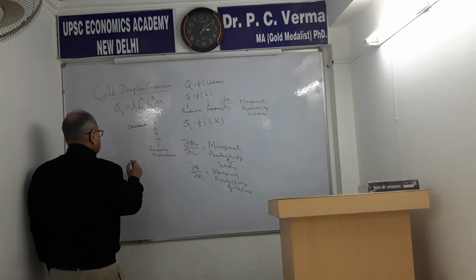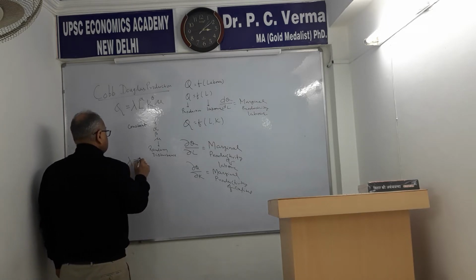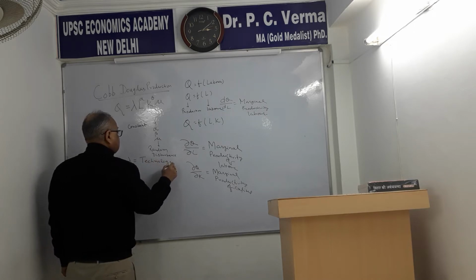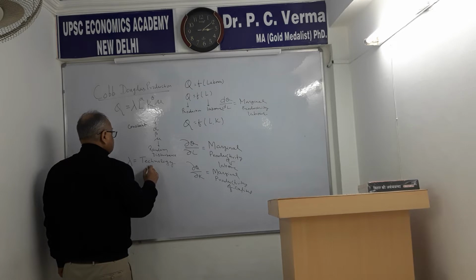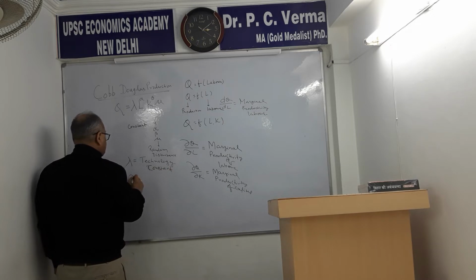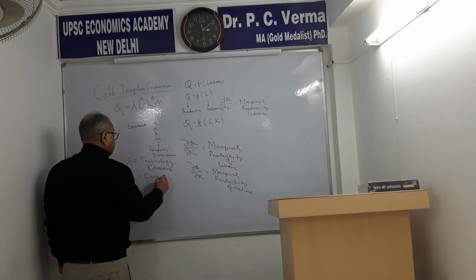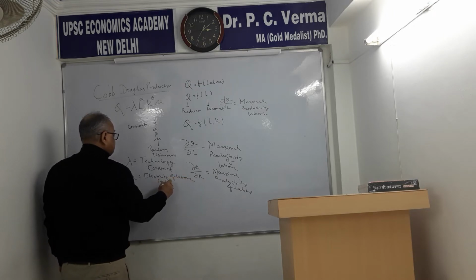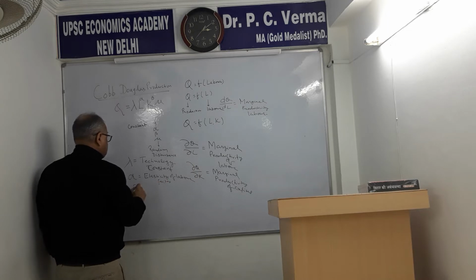So, lambda is technology, which is constant. Then alpha is elasticity of labor factor. What is beta?